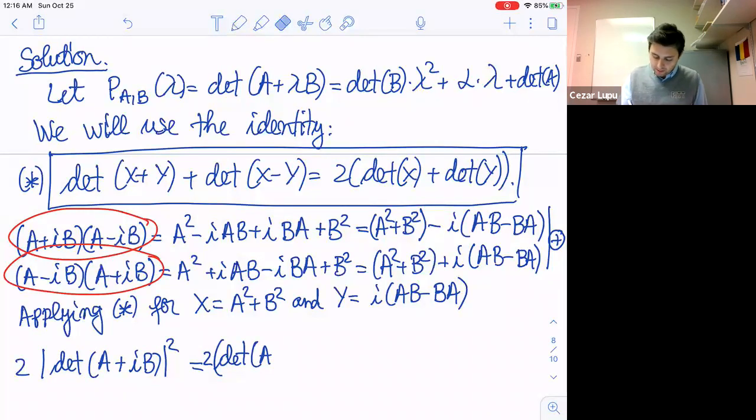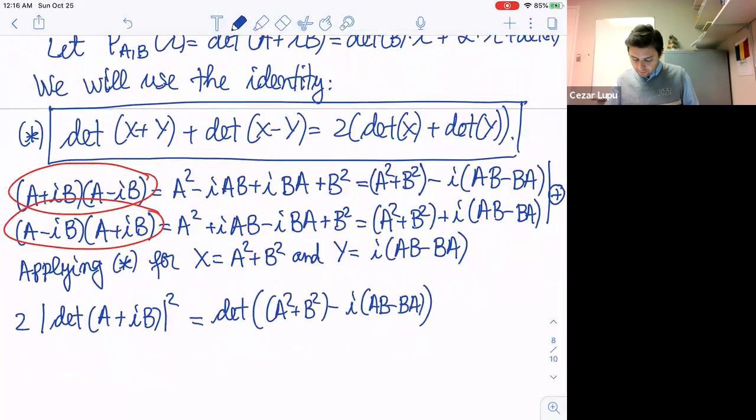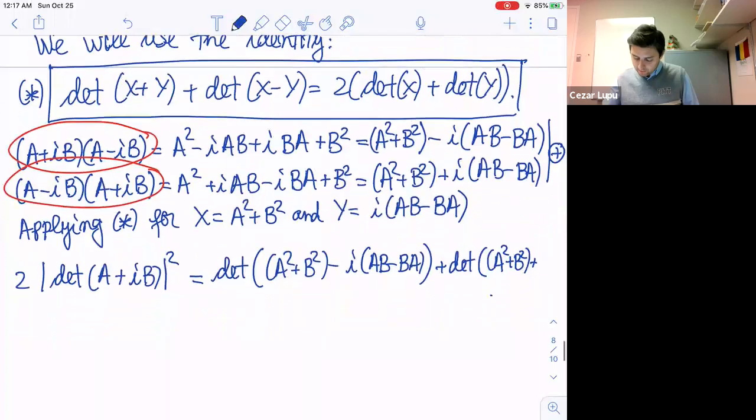And this would be nothing else than just 2 times the determinant of, all right, let me write it like this so that you can see it. So this would be the determinant of a squared plus b squared minus i times AB minus BA plus the determinant of a squared plus b squared plus i times AB minus BA.